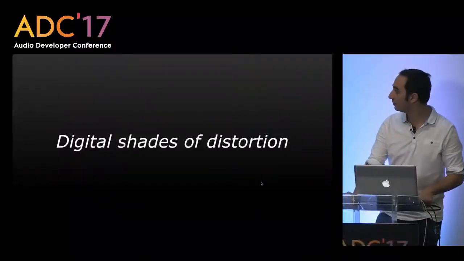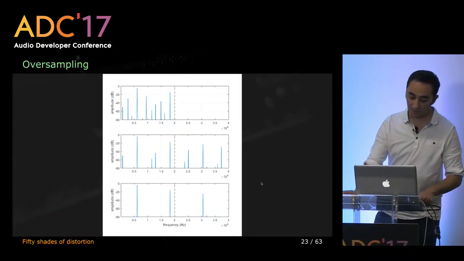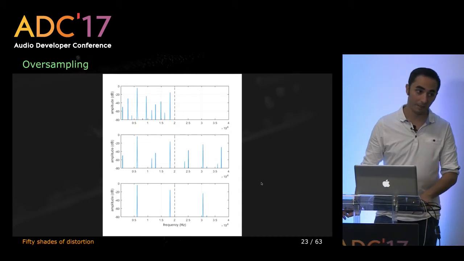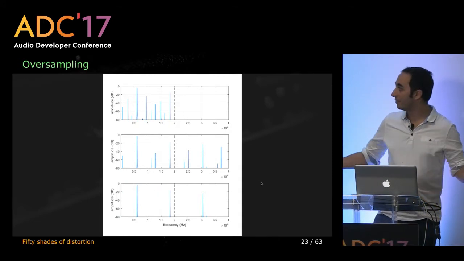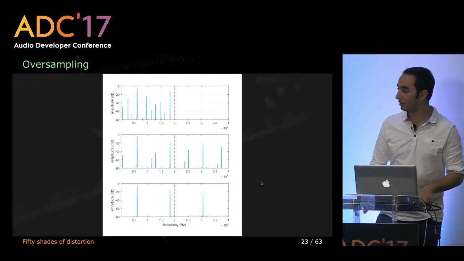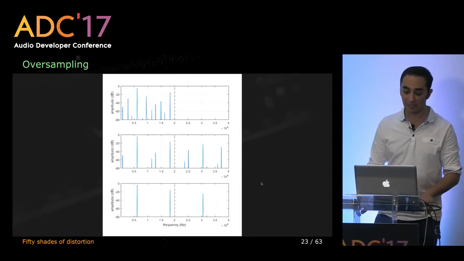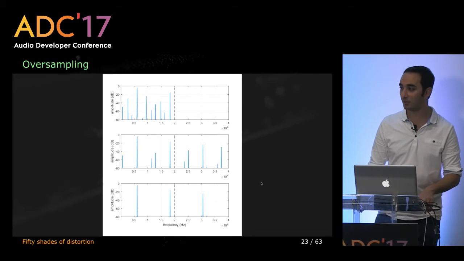And now I'm going to talk about some kind of distortions that you can only do in the digital world. But first, I will say a word about oversampling. So now we can do oversampling thanks to the oversampling class in the DSP module, and it's very useful because every time you are creating a nonlinear audio effect, you are also creating potentially something which is called aliasing.